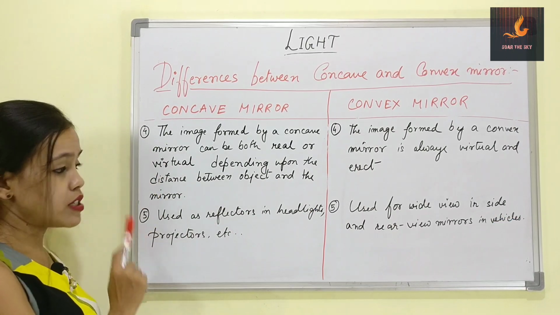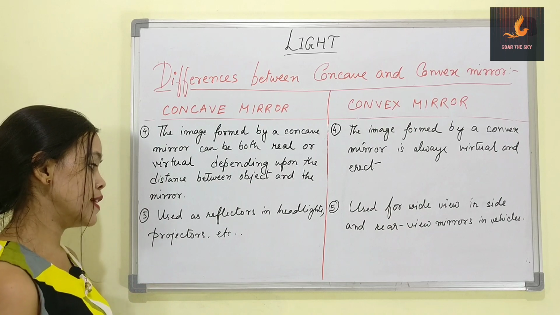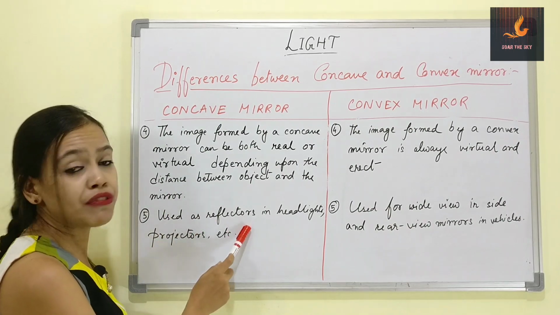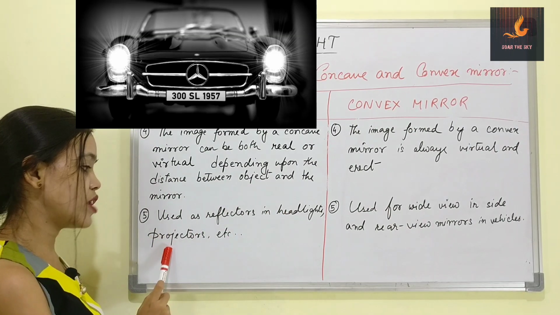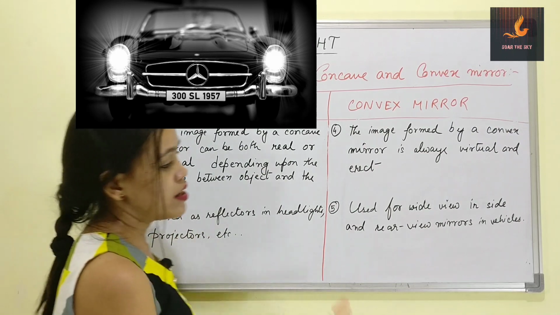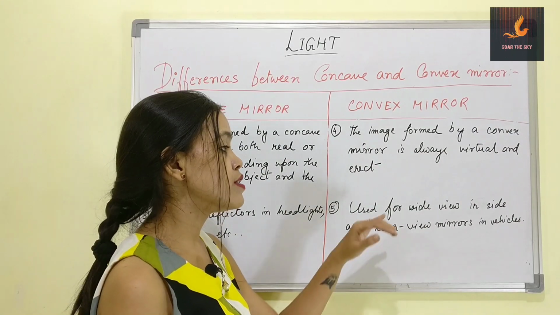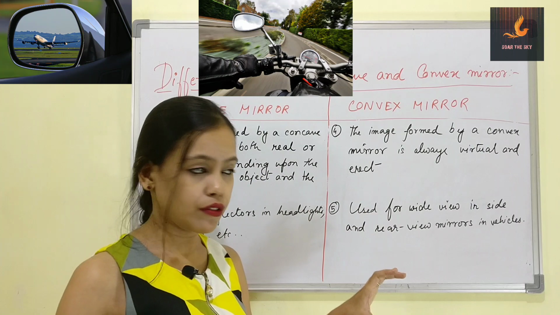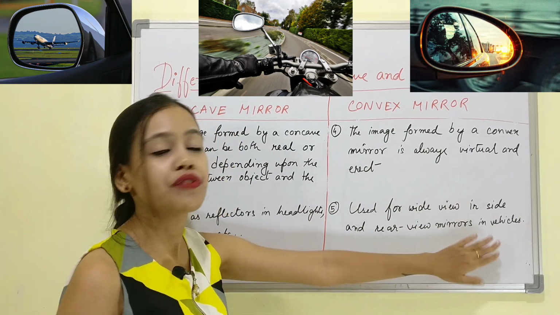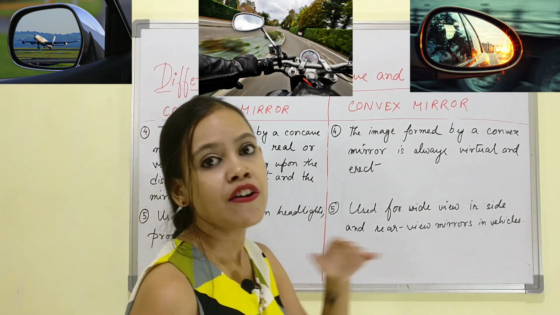The fifth and last point is that a concave mirror is used as a reflector in headlights, projectors, etc., whereas a convex mirror is used for wide angle view in side and rear view mirrors in various vehicles.